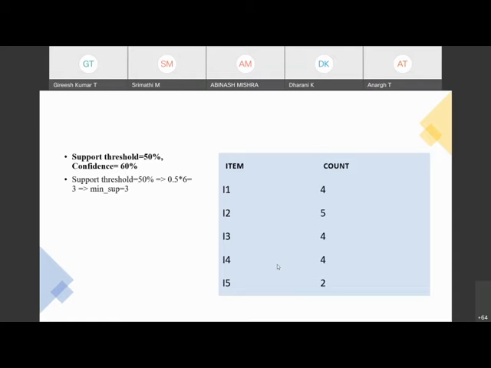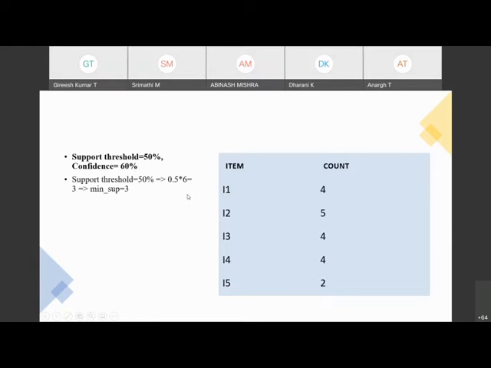Now you have to check: we fixed the minimum support for this particular problem as 3. Now you have to prune. Here we can see that item number 5 is present only 2 times. So item number 5, or feature 5, you can throw away, because it is below the threshold.